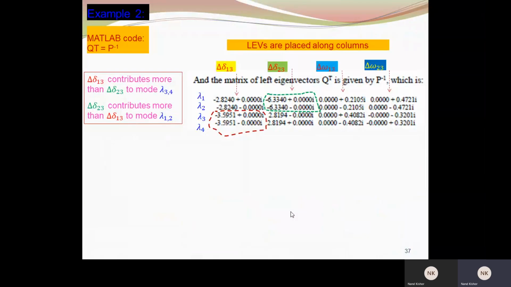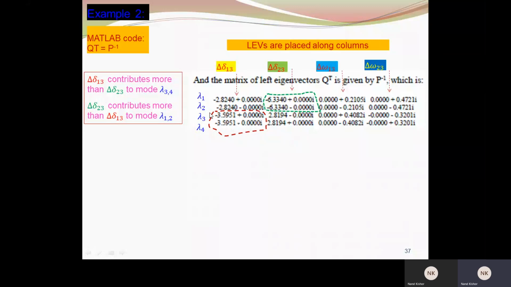Next, we compute the left eigenvectors, and what we find here is that with the left eigenvectors, we have the modes row-wise and the state variables column-wise. With the elements in the first column, we find here that the imaginary part is 0.